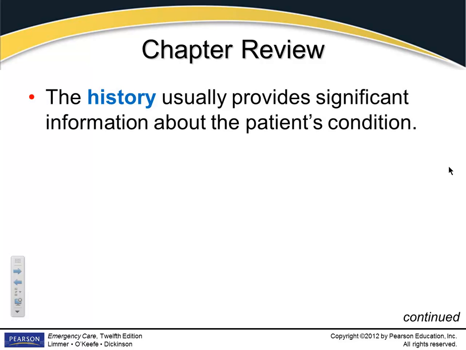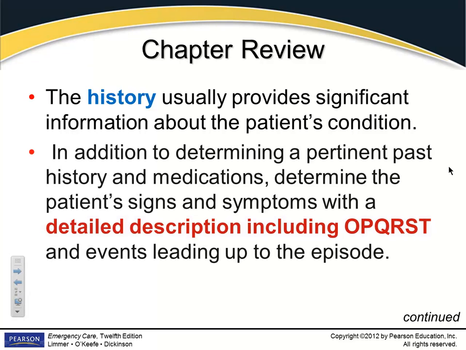Okay, you want to make sure you get a good history. By getting a history, you may be able to get a good differential diagnosis. Differential diagnosis is important when you're trying to decide what's wrong with your patient and how you're going to treat him. You've got to do a good OPQRST to try to determine what's wrong with your patient.